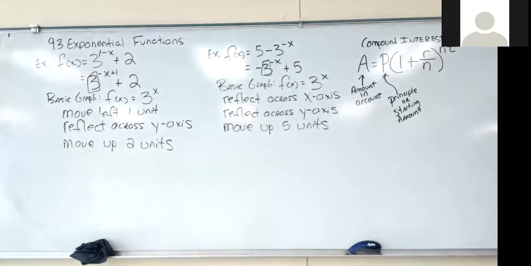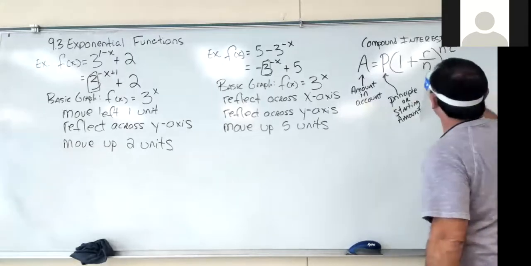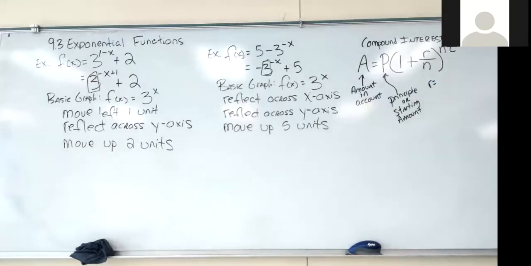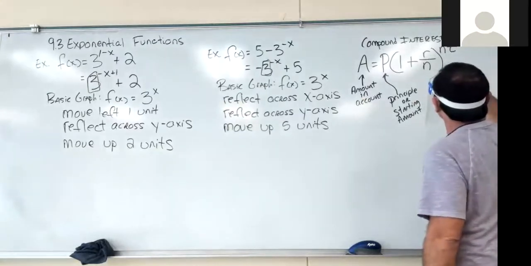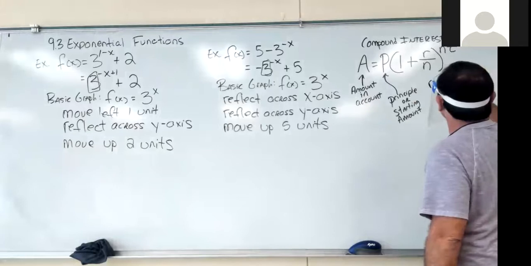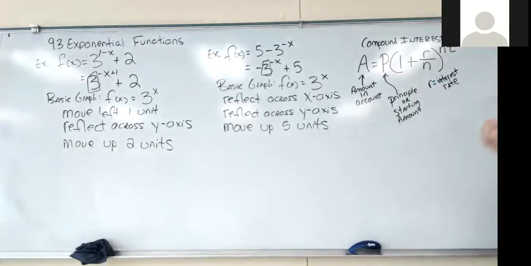How about the r? It is definitely the interest rate. But remember, when you put that r into my formula, it better be in decimal form. So y'all have to convert the percents by moving that decimal left twice, okay?